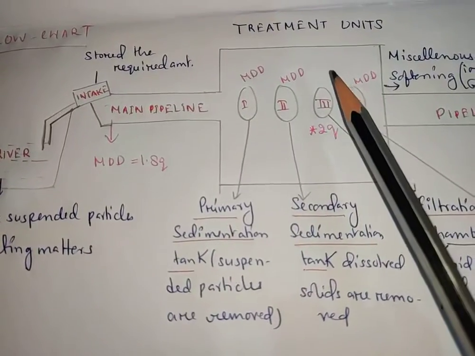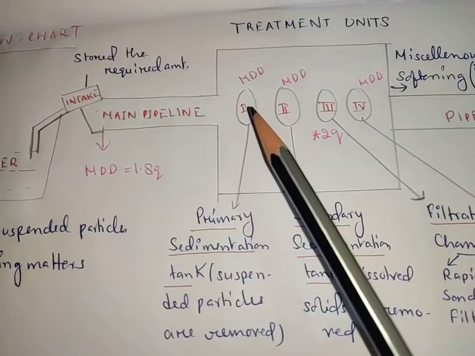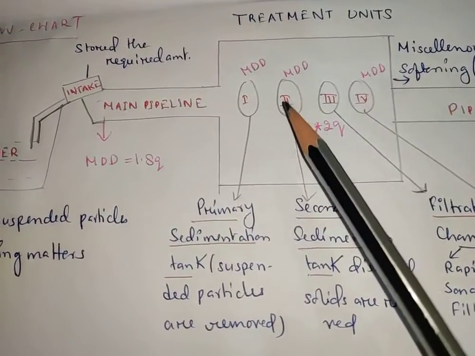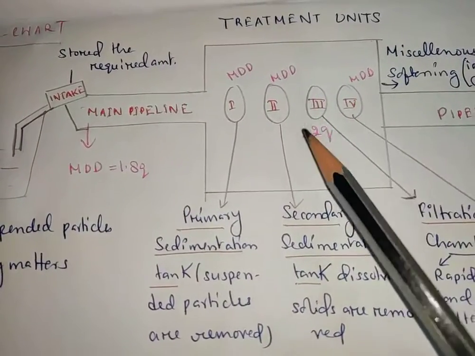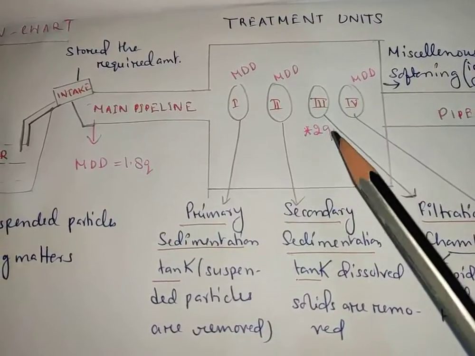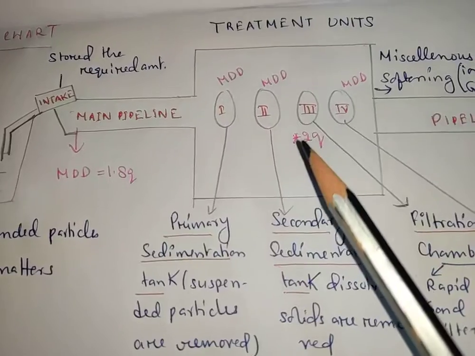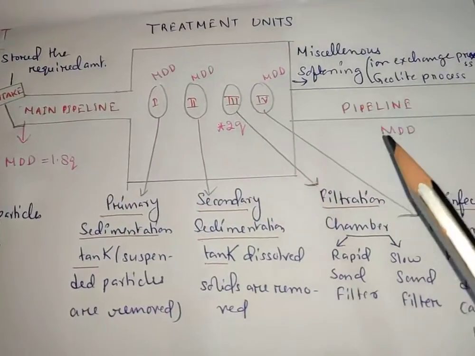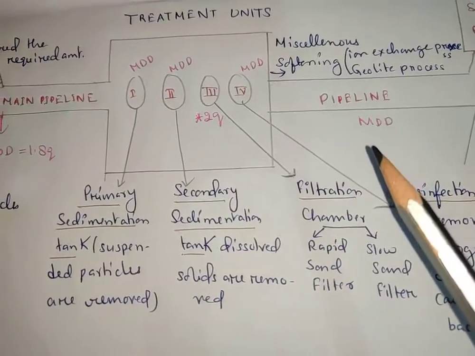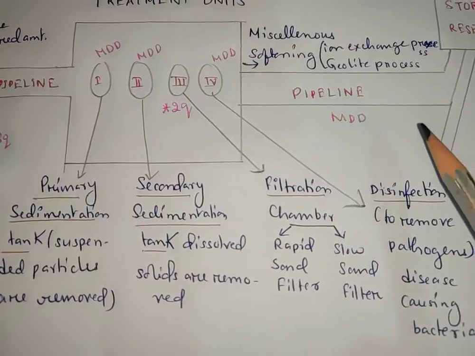Here all the 4 parts are not the same. Parts 1, 2 and 4 are designed for MDD, but part 3 is designed for twice of Q, that is twice the average daily demand of water. Again, this pipeline is designed for MDD, equal to 1.8 Q, that is 1.8 times the average daily demand.